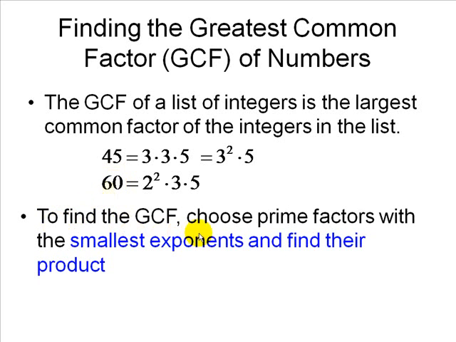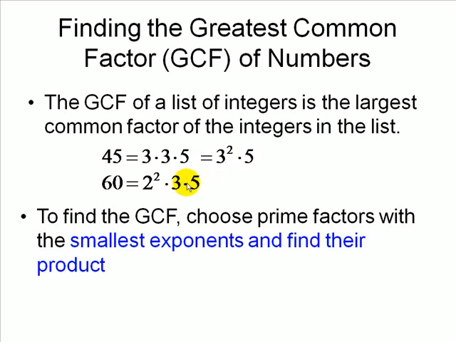To find the greatest common factor, choose those prime numbers common to 45 and 60, these three factors here, with the smallest exponents, and find their product. What's common here is 3, and the smallest exponent is 1. What's common here also is 5, and the smallest exponent is also 1.